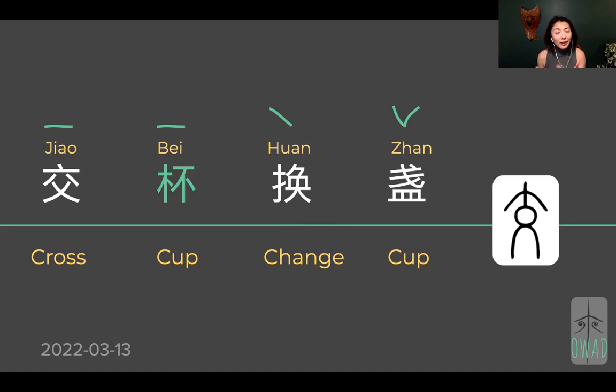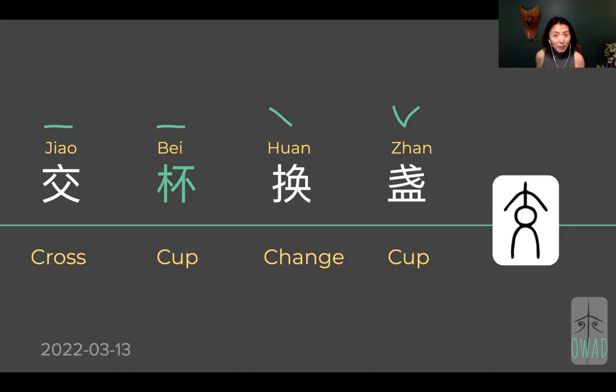You use your crops to exchange for meat or other stuff, or probably currency got involved. So you change for money and money for another thing. That kind of exchange switches the ownership across hands, so that's why we have a hand there. So 交 and 换, you got it, right? It's a cross and a hand changing.